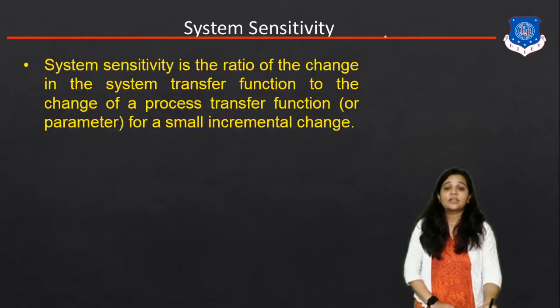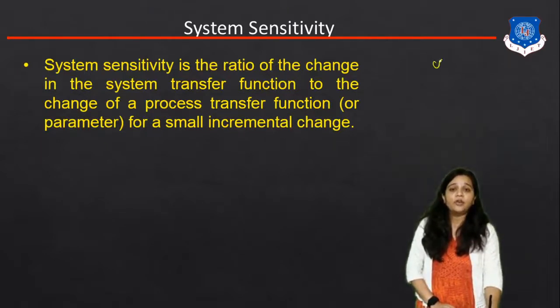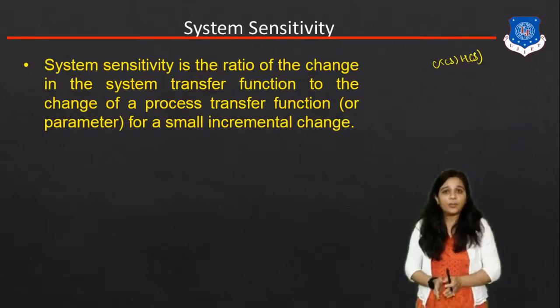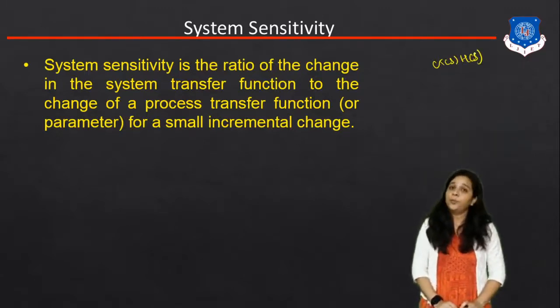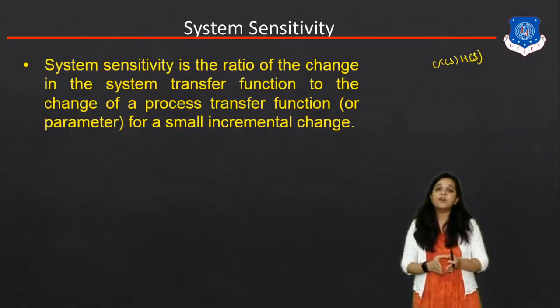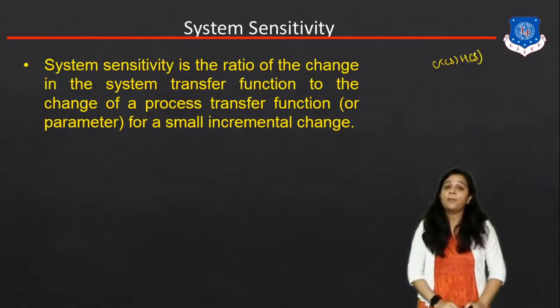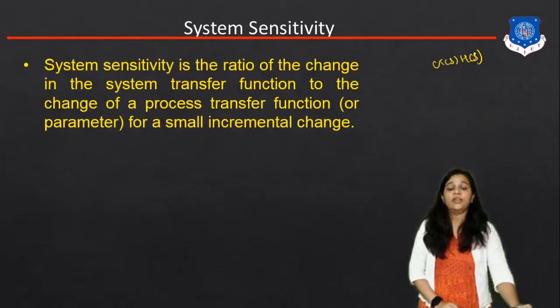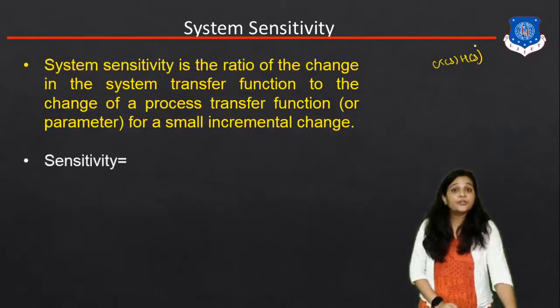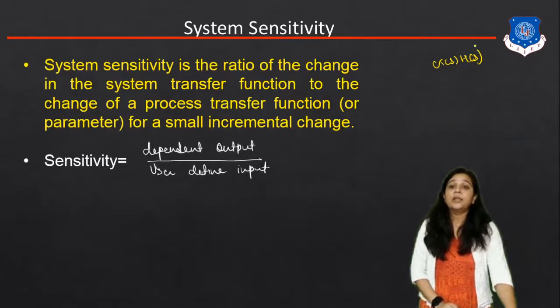So what is the system transfer function? We have to decide that using the values of G(s) and H(s), and which type of input we have to apply to this particular system. Depending upon the value, we can check the sensitivity. The sensitivity equation is the dependent output upon the user-defined input.